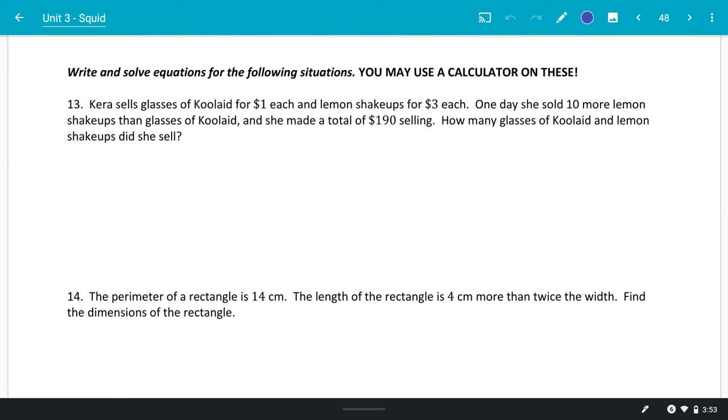Write and solve equations with the following solutions. Carrie sells glasses of Kool-Aid for $1 each and lemonade shake-ups for $3 each. One day she sold 10 more lemon shake-ups than glasses of Kool-Aid. She made a total of $190. Okay, so we're going to call them K for Kool-Aid, L for lemon shake-ups.